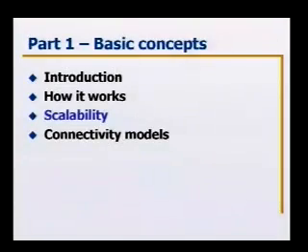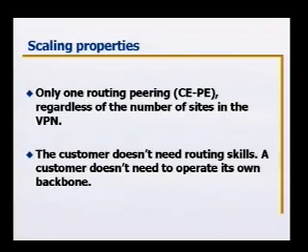So now that we've seen how it works, let's take a look at the scalability properties of this solution. First of all, let's take a look from the customer's point of view. From the customer's point of view, this is a very attractive prospect because there is just one routing peering, the CE-PE routing peering, regardless of the number of sites that are in the VPN.